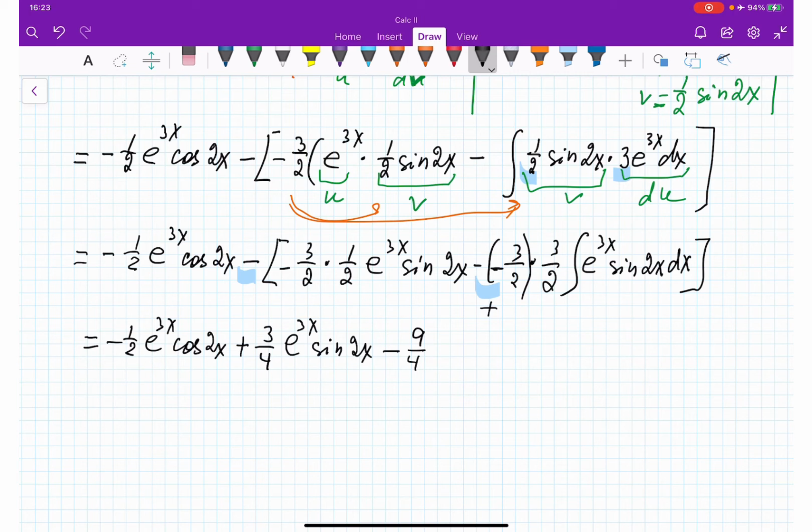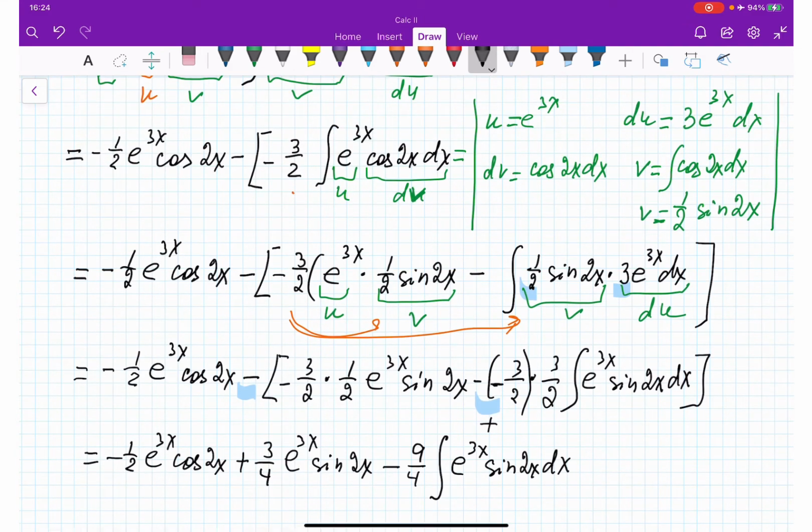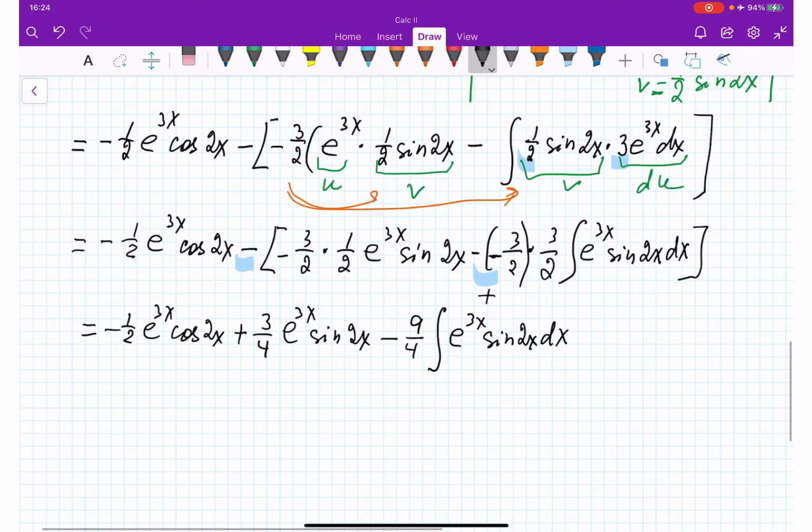9/4 integral e to power 3x sine 2x dx. All right, look what we got here. It's very interesting. I got here the original, see this piece?